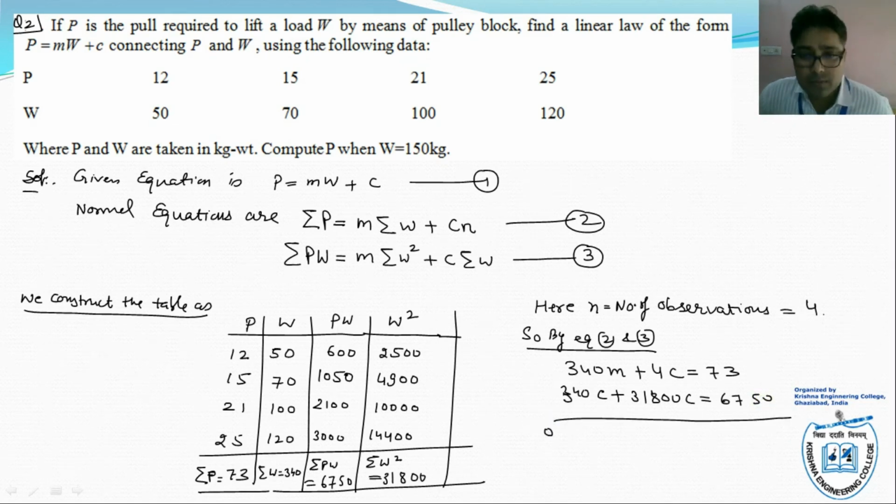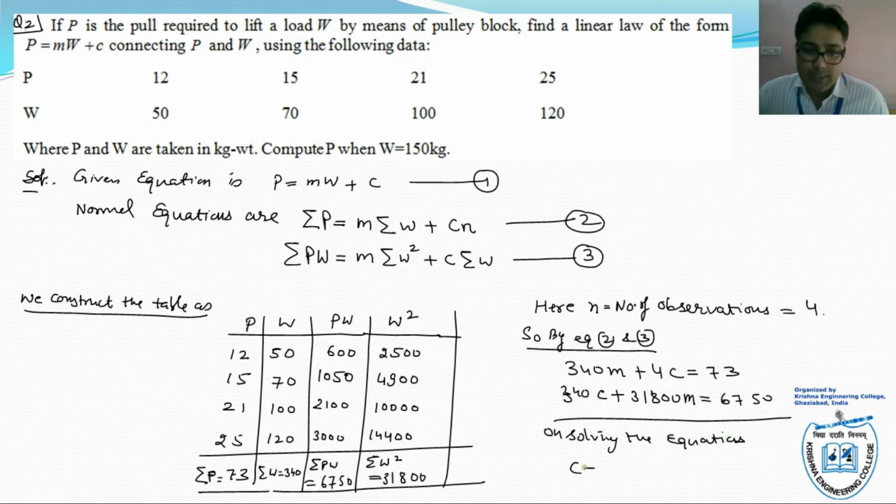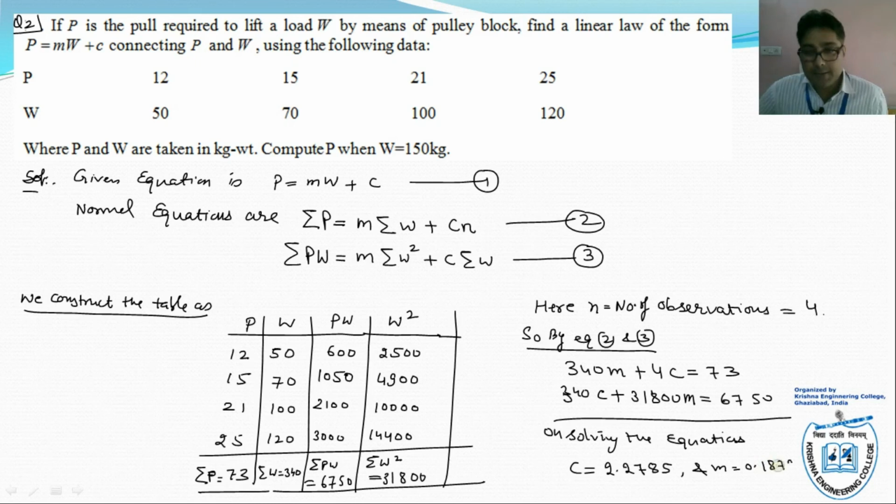On solving the equations, clear? We get the value of c is 2.2785, and the value of m is 0.1879. Clear?